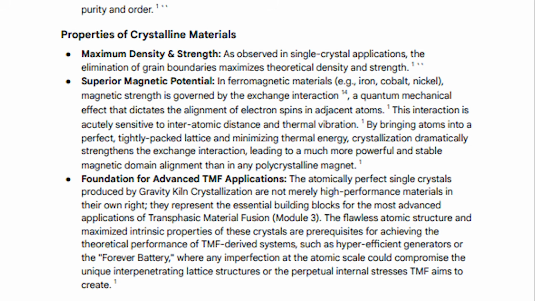The flawless atomic structure and maximized intrinsic properties of these crystals are prerequisites for achieving the theoretical performance of TMF-derived systems, such as hyper-efficient generators or the forever battery, where any imperfection at the atomic scale could compromise the unique interpenetrating lattice structures or the perpetual internal stresses TMF aims to create.